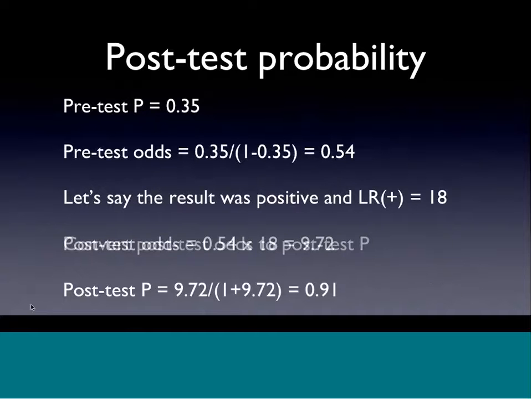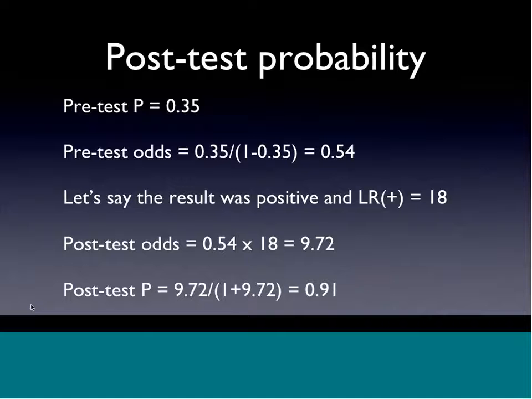So we can look at an example. Let's assume the pre-test probability of a certain disease is 35%, and you calculated pre-test odds, so the odds would be 0.54. Let's say that this test result was positive and the positive likelihood ratio for that particular case was 18.